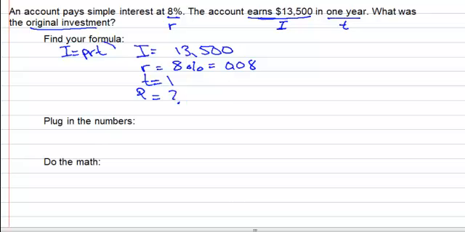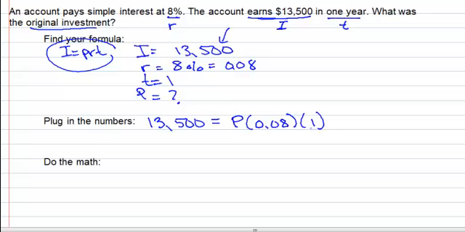So now we're going to again take this formula and plug the numbers into it. So interest we said was 13,500 is equal to principal, we don't know, rate we know is 0.08 and time is 1. So this is really similar to the last one. Again, we just sort of do the math here, multiply those together.